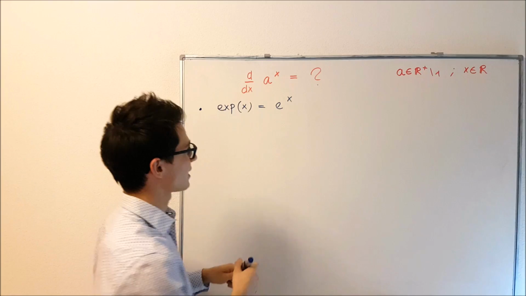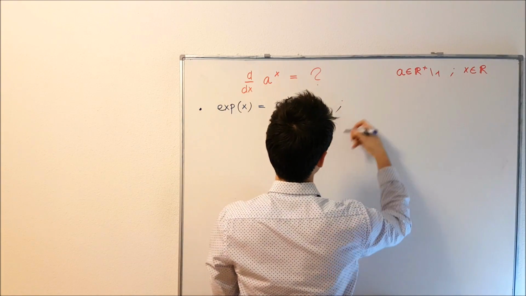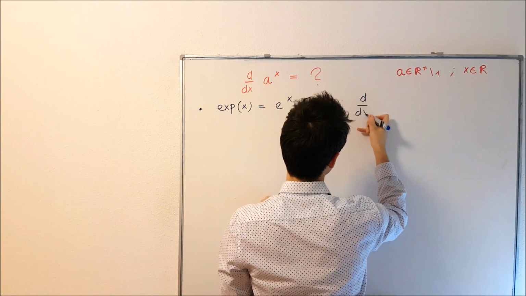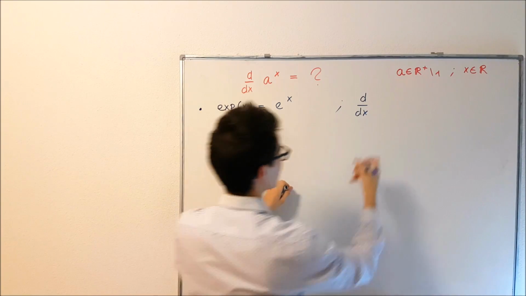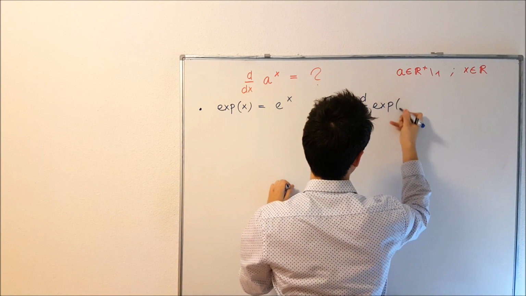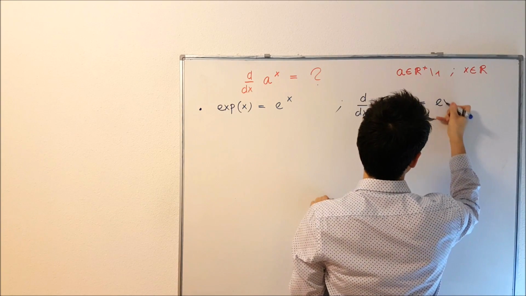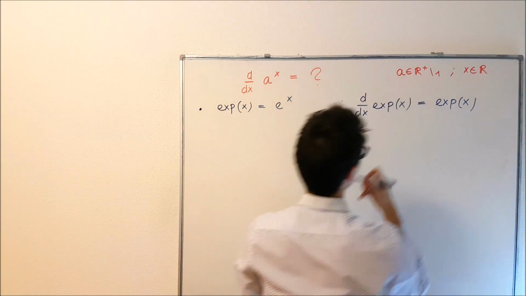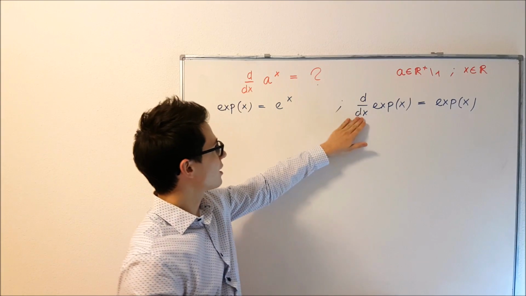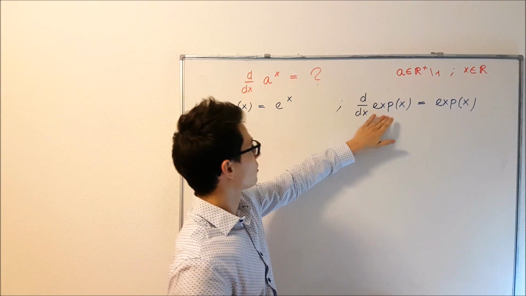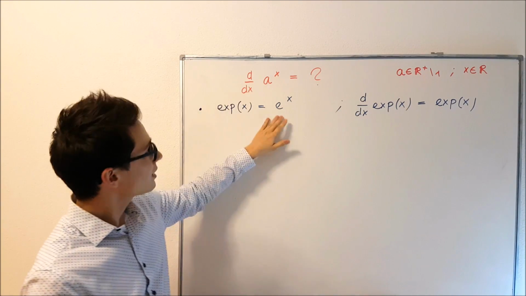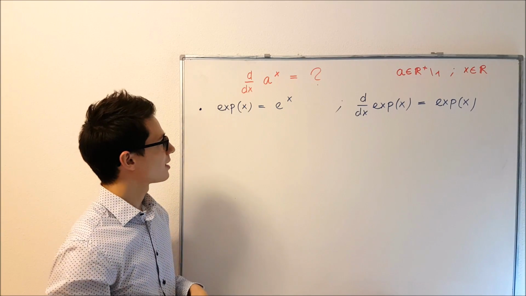And the main reason is that if you try and take the derivative of this function exp of x or e to the power x, then what you get back is simply the original function e to the power x. So the derivative has no effect on the natural exponential function.